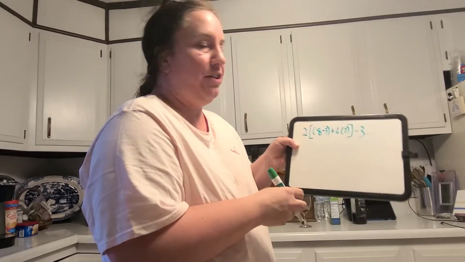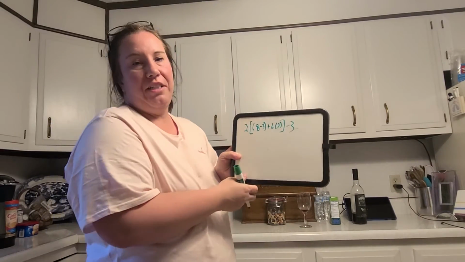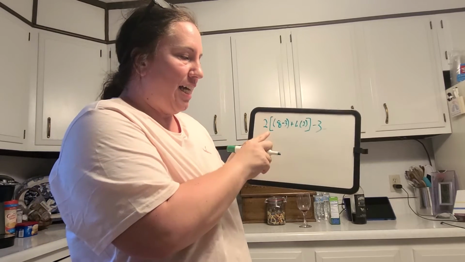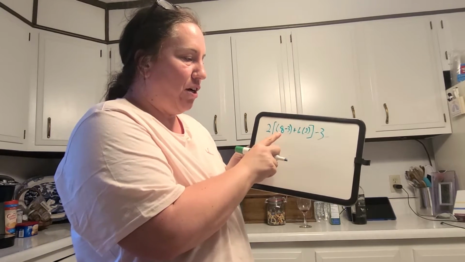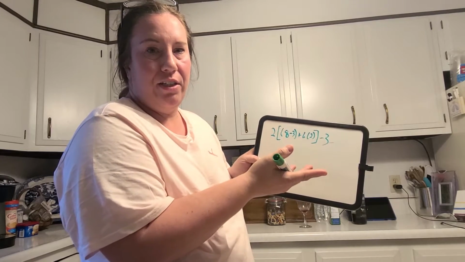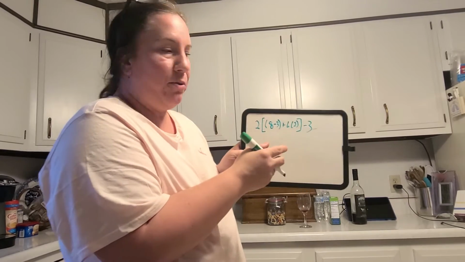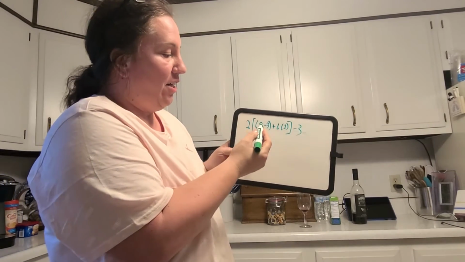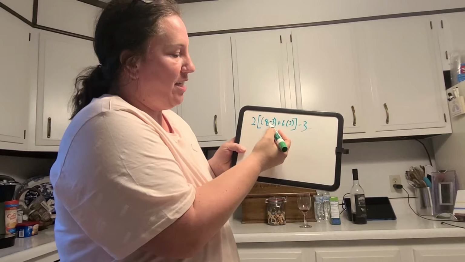This is going to look confusing, but it's not really, because we remember we go inside the parentheses first. You're wondering, oh my gosh, there's a bunch of parentheses, so what am I going to do? You're going to go with the inside parentheses first.